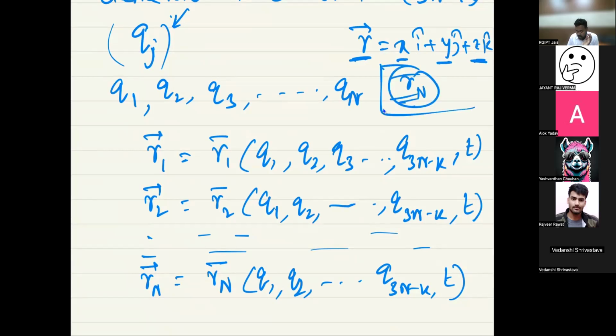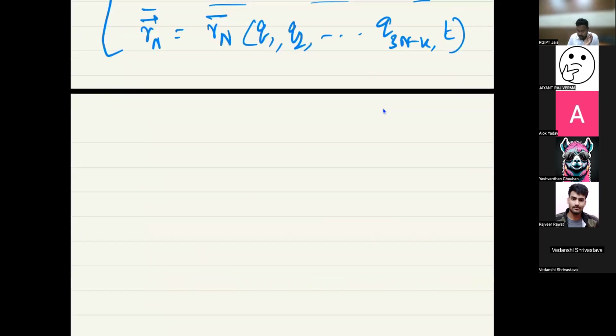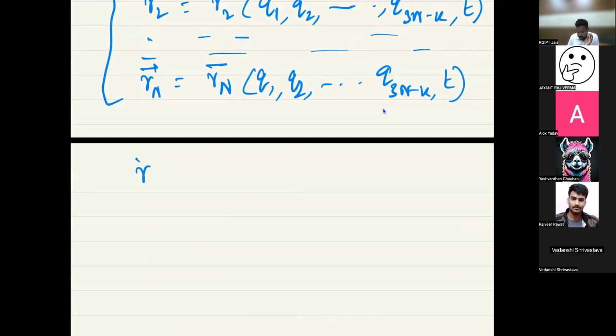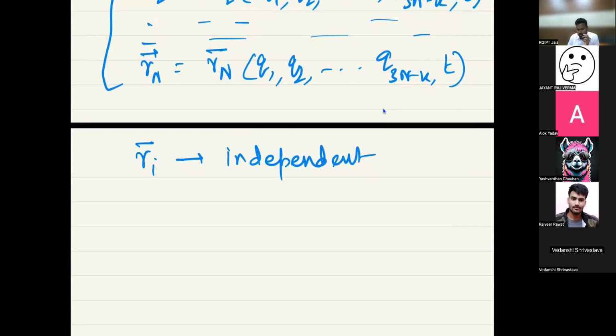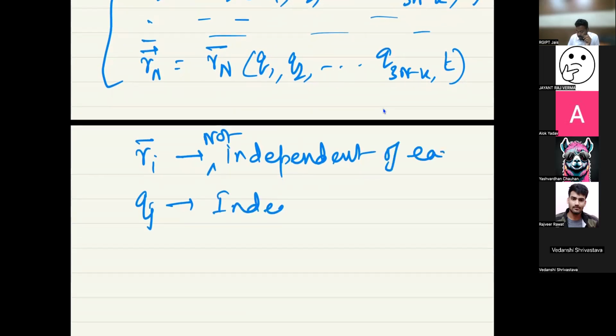But these r1 to rn, they are not independent. The ri vectors are not independent. They are dependent on the 3n minus k coordinates qj. But the qj are independent of each other.